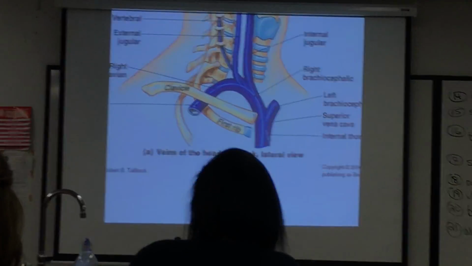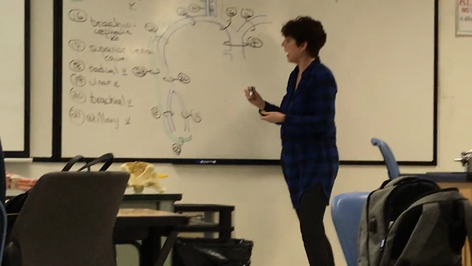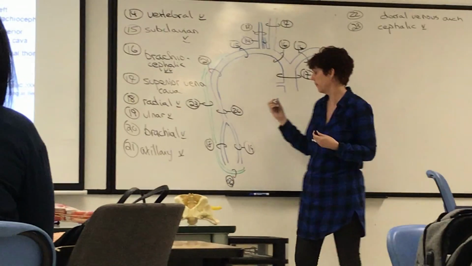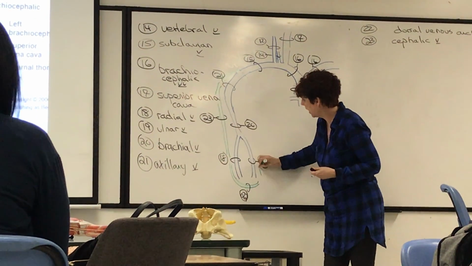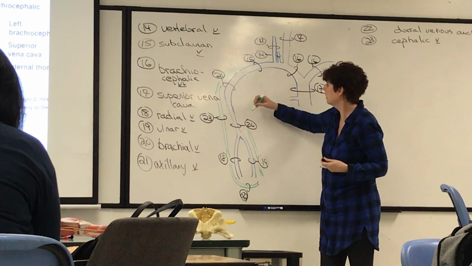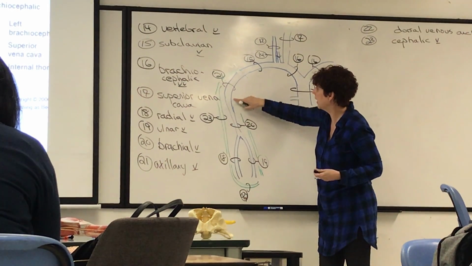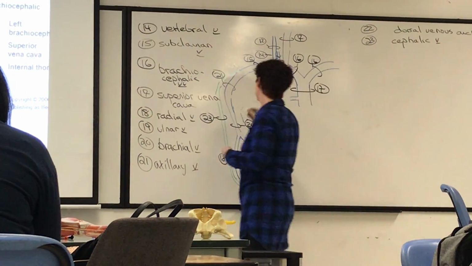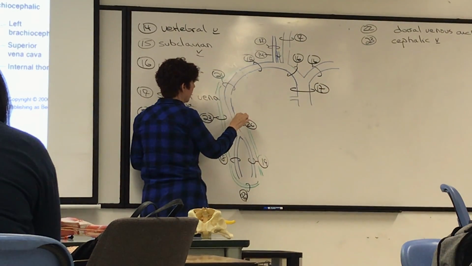Then on the medial aspect, we basically start at the wrist, not on the back of the hand. And this is the basilic vein. So it's gonna come up here along the ulnar vein, but in the skin. And it's gonna travel and get into the axillary, just at the end of brachial.